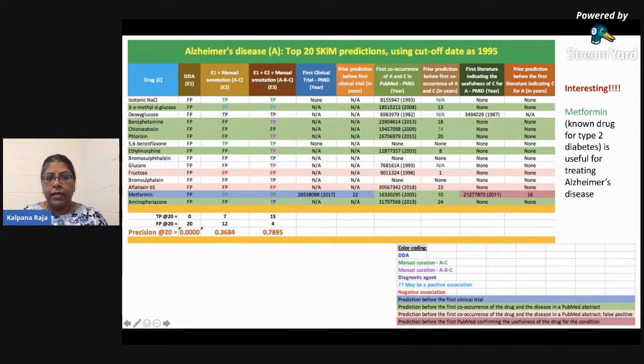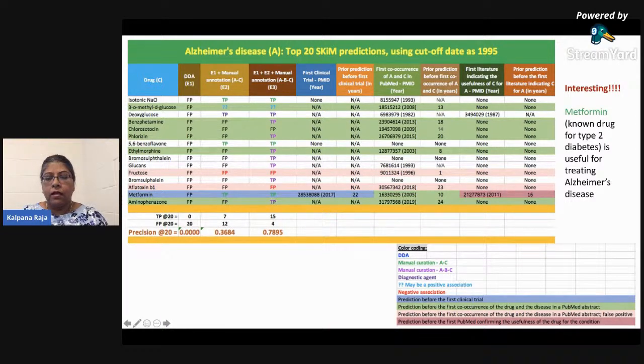The first clinical trial validating metformin for Alzheimer's disease happened in the year 2017. This means SKiM is able to find the discovery 22 years prior to the first clinical trial. This is cool, isn't it? Also, the first literature indicating the usefulness of the drug for the disease was published in the year 2011.